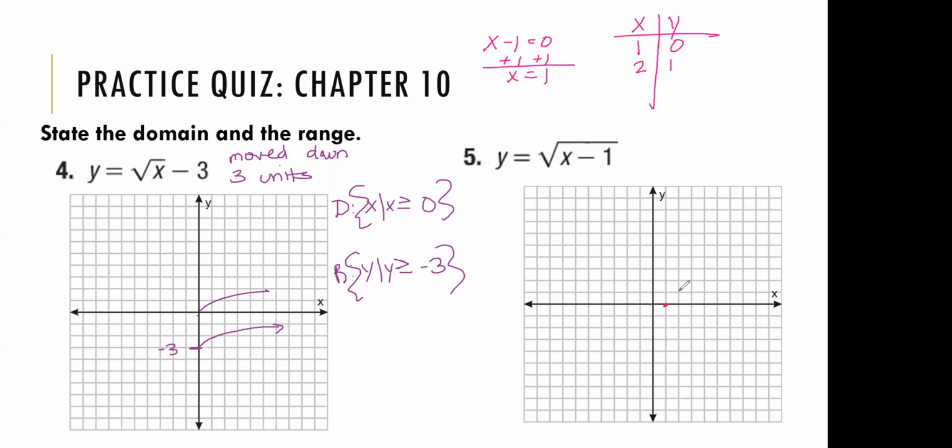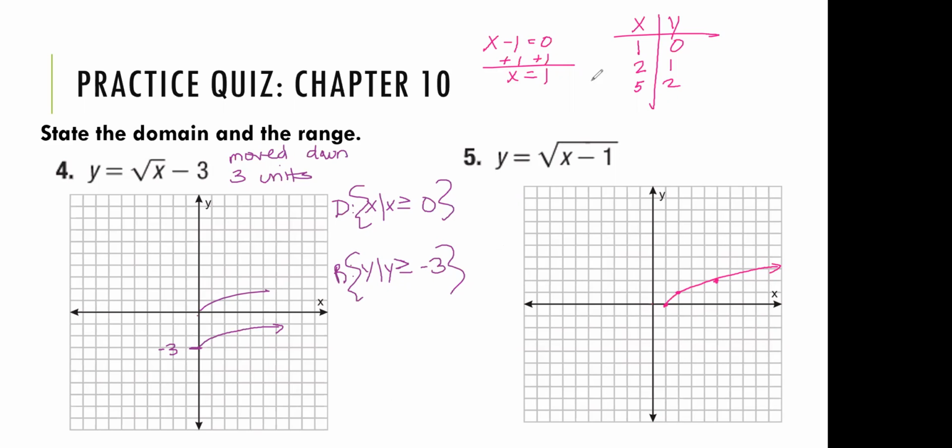When x is 2, y is 1. I'm not going to put 3 because then it's not going to be an exact answer. So I'm going to plug in 5. When x is 5, we get 5 minus 1 is 4, and the square root of 4 is 2. So 1, 2, 3, 4, 5, and then we go up 2. So I can get an idea of what my graph is going to look like. It's going to look like that.